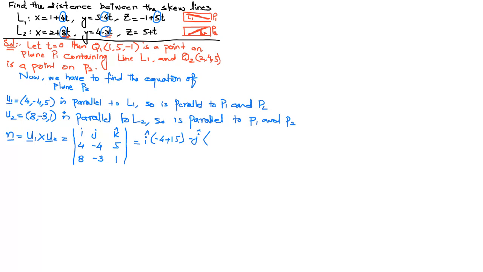So the vector becomes 11i plus 36j plus 20k. You can also write it in vector form as 11, 36 and 20. So this is the normal vector.